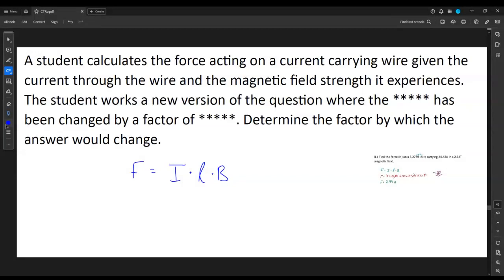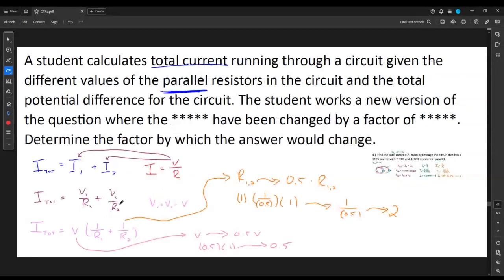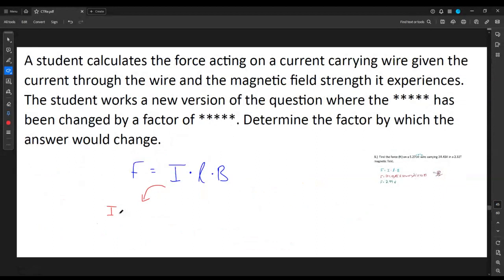Okay, so all of these are in a line and then just multiplied, so you probably can see what this is going to do. If we have current and we adjust it by some factor, then that's going to give us a ratio of new current to old current of whatever this factor is. Then if the length is unaffected, that's a ratio of 1. If the magnetic field strength is unaffected, that's a ratio of 1, and that's just going to give us the factor.